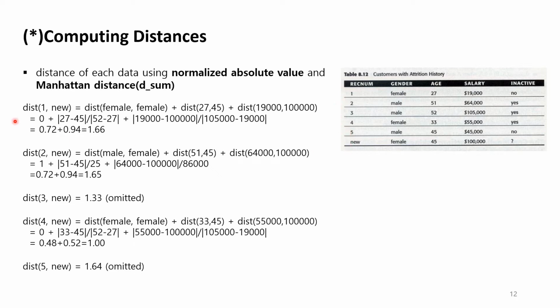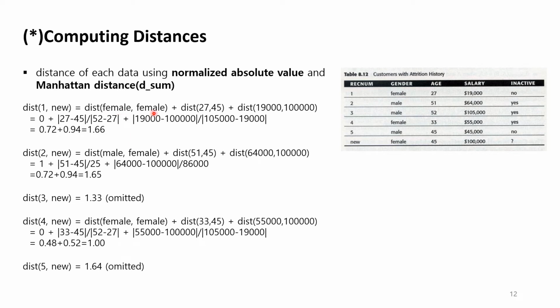So let's take a look at the first one, the distance between record 1 and new. First you compute the distance of the gender attribute: between female and female, these are the same value, right?